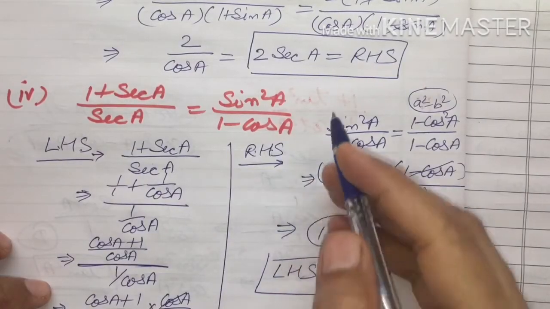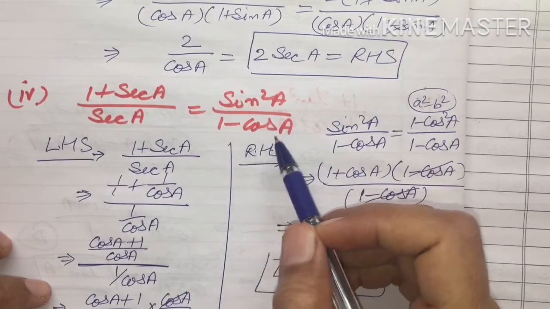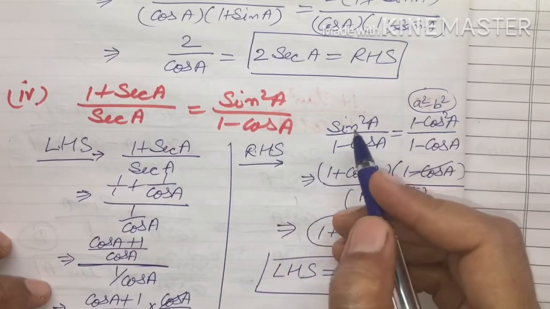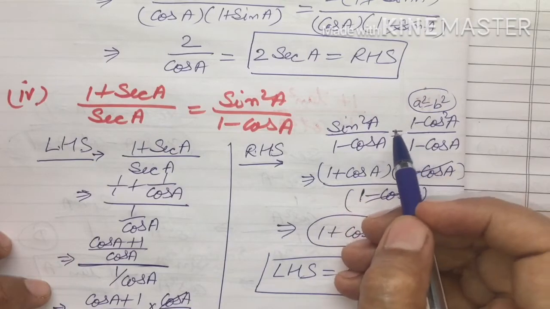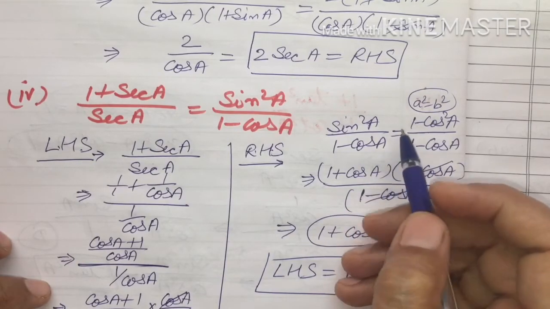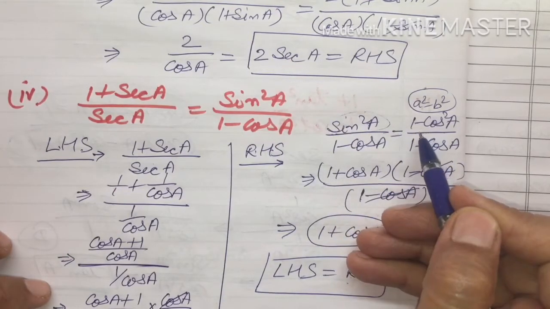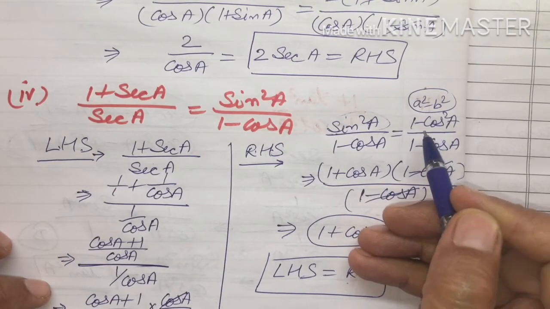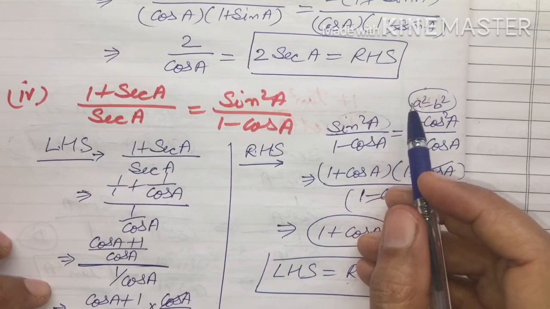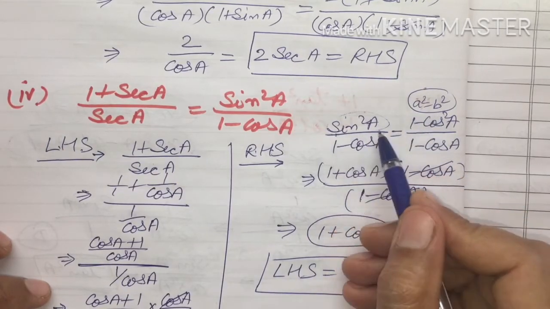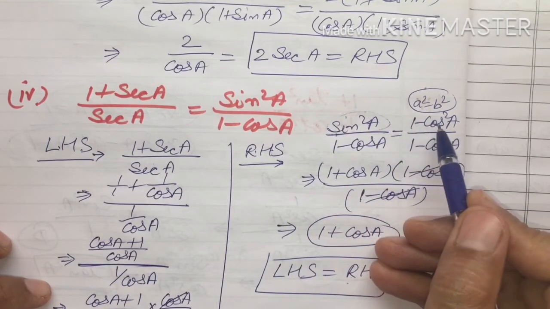On the right hand side, sine square a upon 1 minus cos a is there. So we can write sine square a upon 1 minus cos a. We will change it. Sine square a, what we can write down is 1 minus cos square a, because we know the property sine square a plus cos square a is equal to 1. So in place of sine square a, I will write 1 minus cos square a.